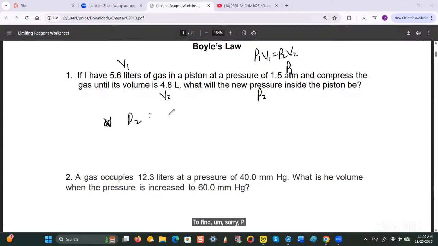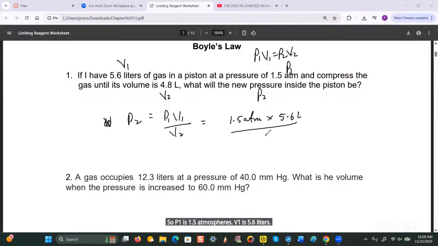So P2 will be equal to P1 V1 over V2. And then all you have to do is put the numbers in. So P1 is 1.5 atmospheres, V1 is 5.6 liters, divided by V2, which is 4.8 liters, and then we do the number crunching.